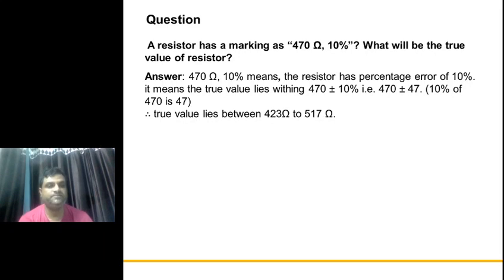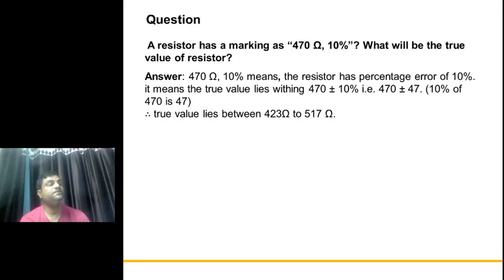So what is the meaning of 470 ohm, 10%? Basically 10% is the error. It means 10% of 470 is the error, and 10% of 470 is 47. So what is the actual value? Be careful: the actual value lies between 470 minus 47 and 470 plus 47. It means the error in this case is 470 plus or minus 47.